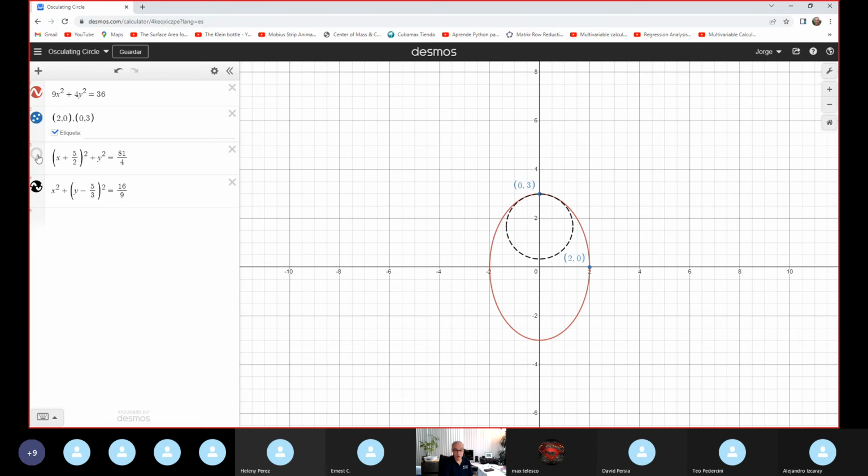At the point 2,0, do you see clearly that the radius is big because the curvature is low? And this is the other osculating circle. The curvature is high and the radius of curvature is low. Clear or no? Clear, David said.